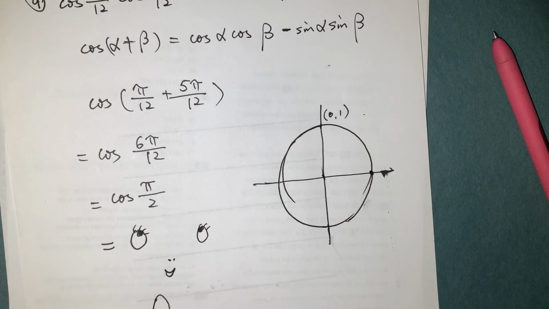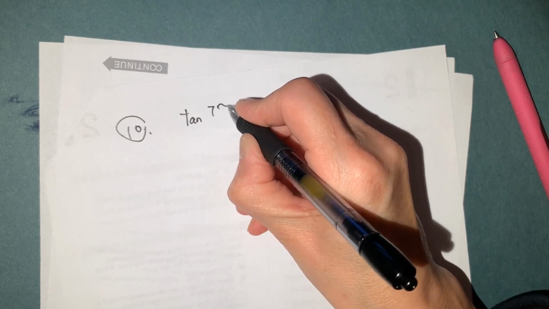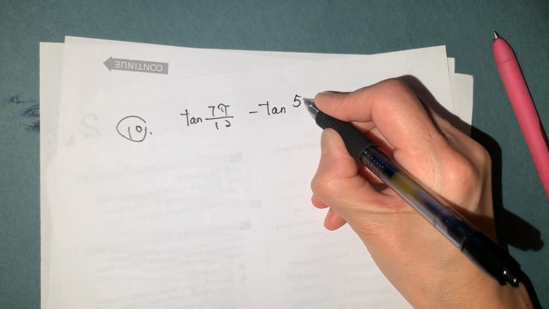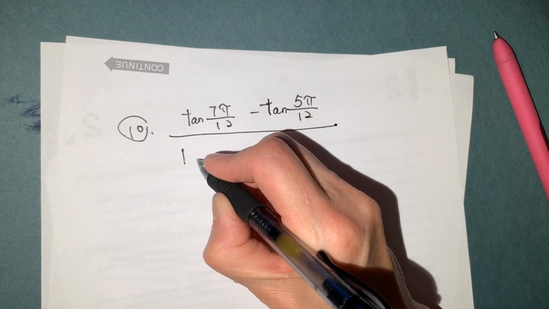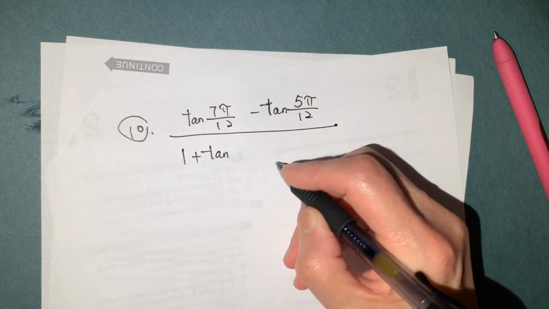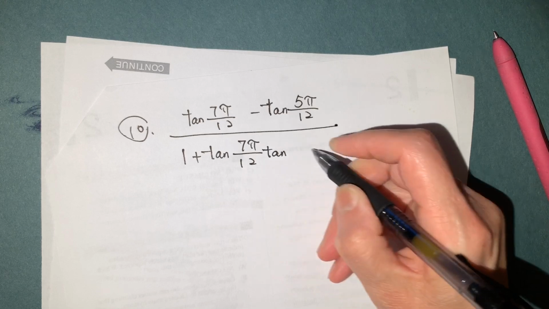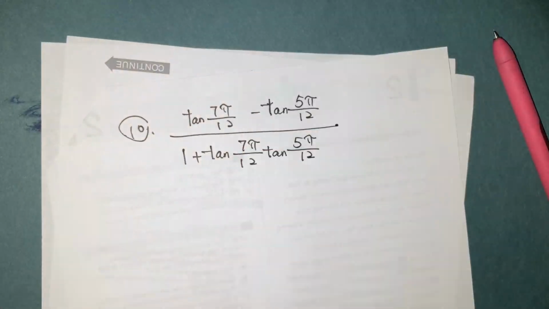Question number 10. Let me copy the problem: tangent 7 pi over 12 minus tangent 5 pi over 12, over 1 plus tangent 7 pi over 12 times tangent 5 pi over 12. At this time, you need to check the teacher's cheat sheet.